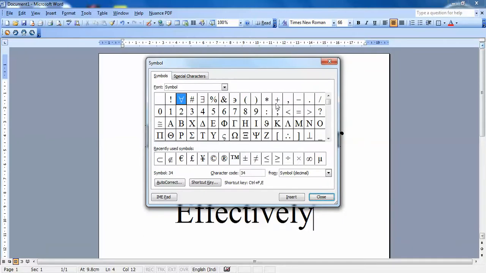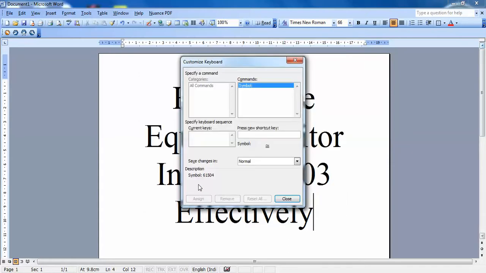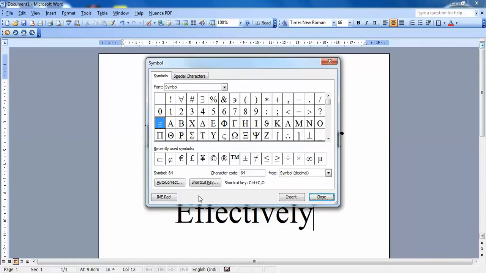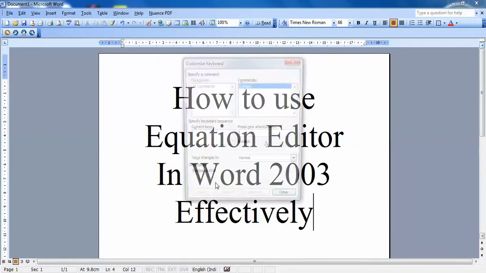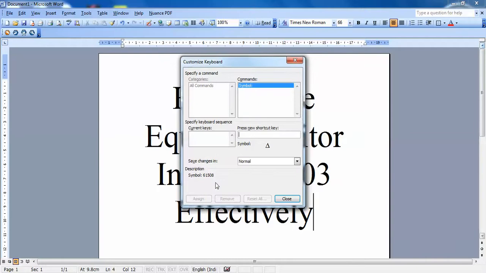Say for example, we have a plus sign on the keyboard, minus sign on the keyboard, but we do not have a congruent sign, so we shall put it up Ctrl CO and we shall assign this. After that, we shall take up the triangle and we shall take Ctrl TR.